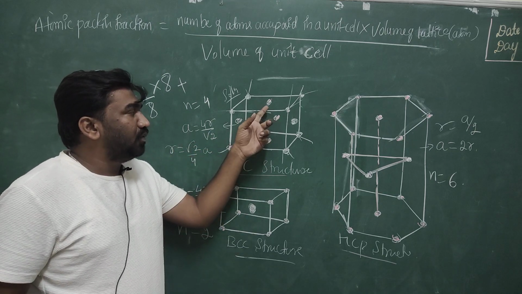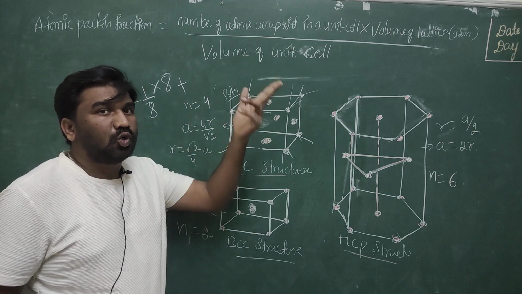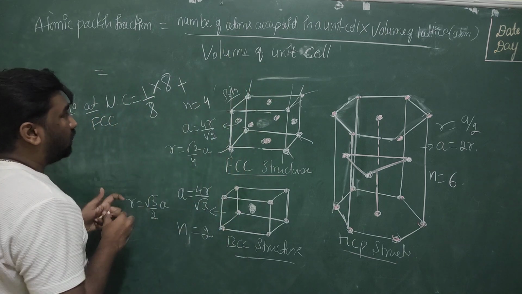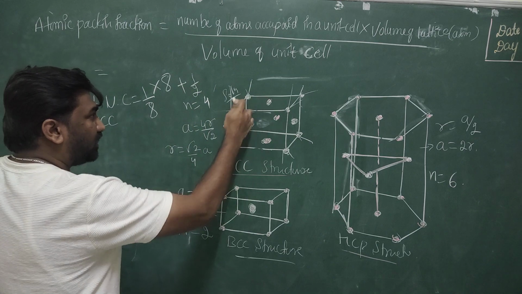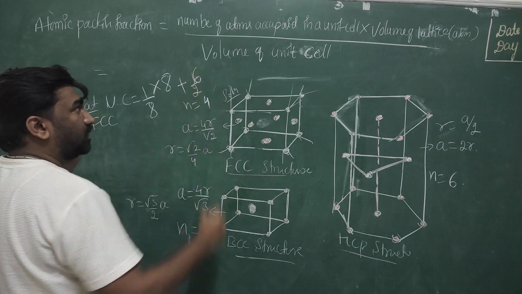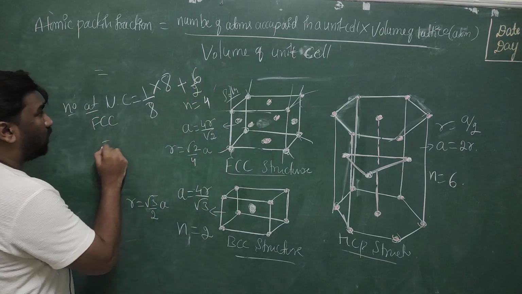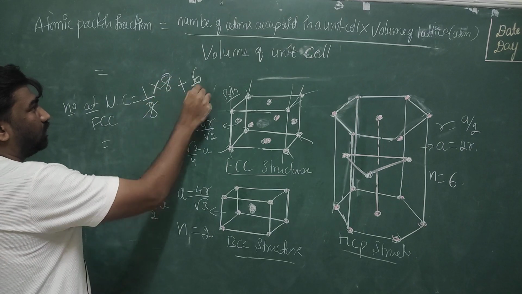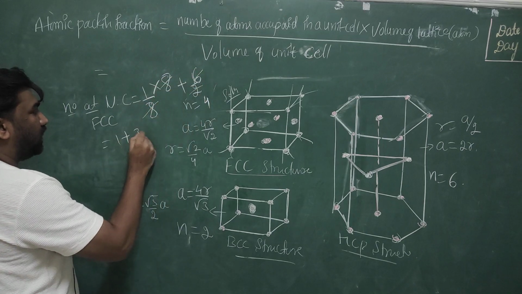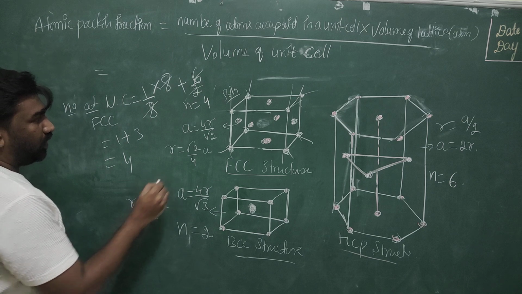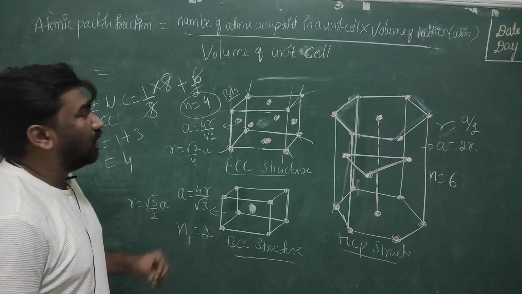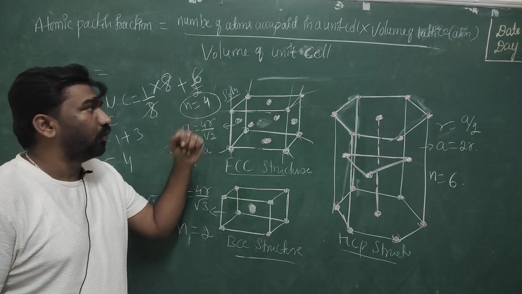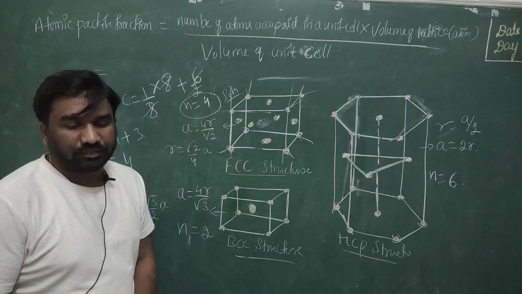So the contribution of this lattice is 1 by 2, into 6 faces. So 1 plus 3, which is equal to 4. Therefore the number of lattice points or atoms in a unit cell is 4 for FCC.